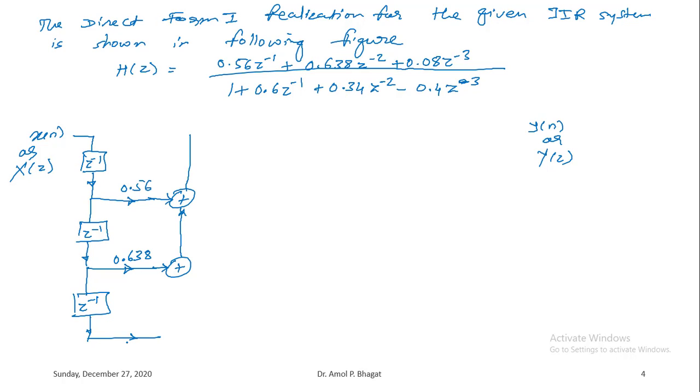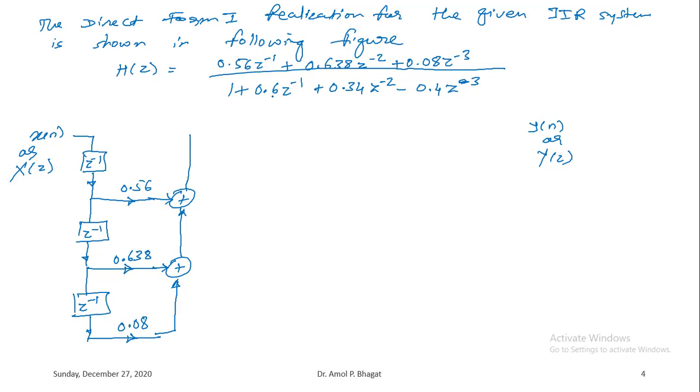Then it will be multiplied with 0.08. Then it will be added here. So here we realize the numerator terms, which correspond to the input terms, that is past inputs or maybe a present input, right?